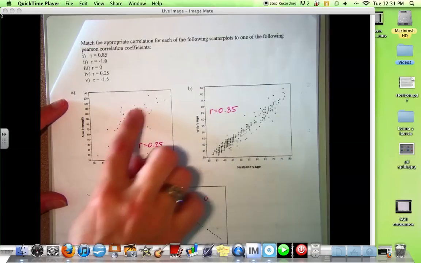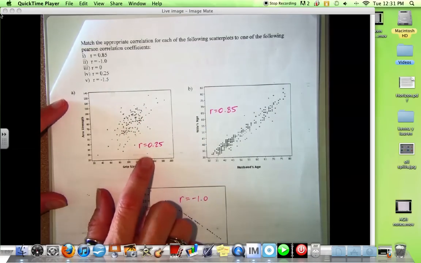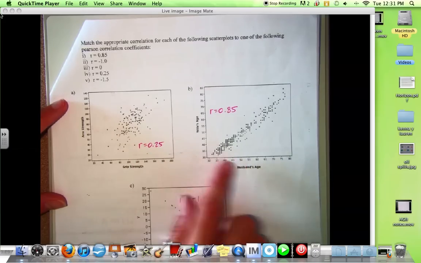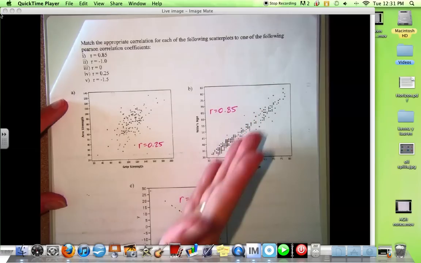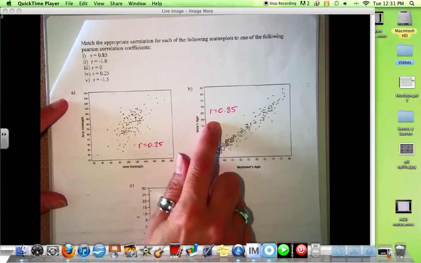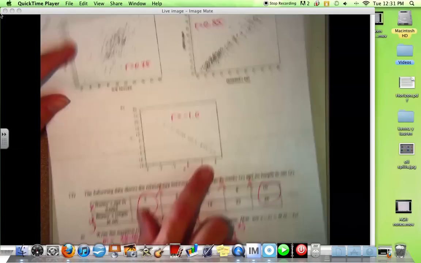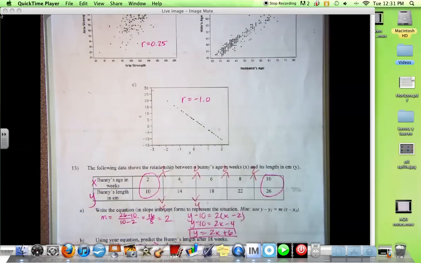They still have somewhat of a positive correlation. So they will have a value of 0.25. For B, they're not in a completely straight line, but they're pretty positive. So they have a correlation value of 0.85. C, all trending downwards, which is a negative slope. So it has a correlation value of negative 1.